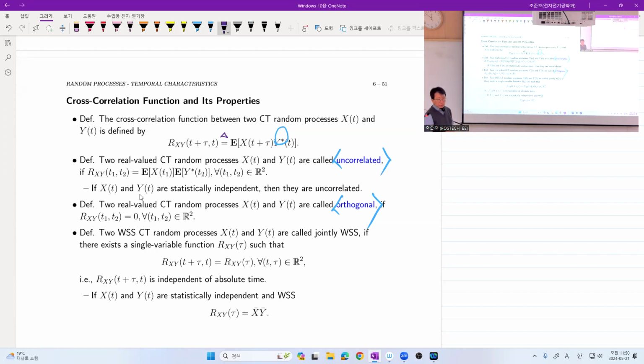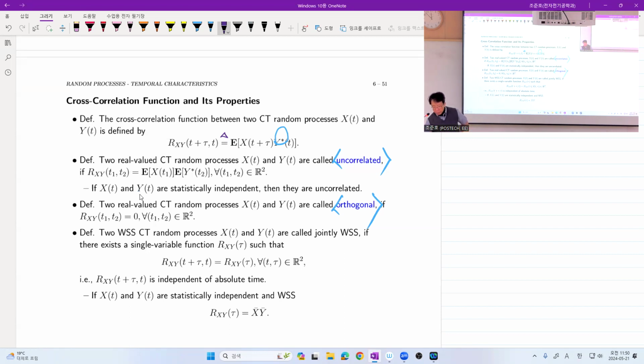Now, what about uncorrelatedness? Uncorrelatedness is not directly related to the autocorrelation. It's more related to autocovariance. So uncorrelated means that if you take the centered version of one random process, which means you take the sample subtracted by the mean value at that sampling instant, and then you do the same thing for y, then the expectation of these two equals 0.